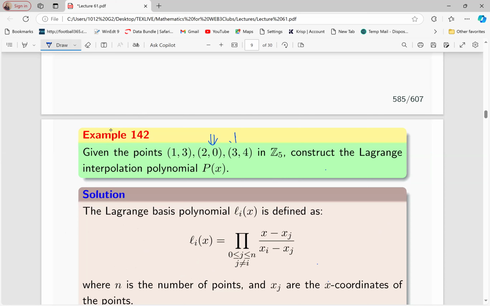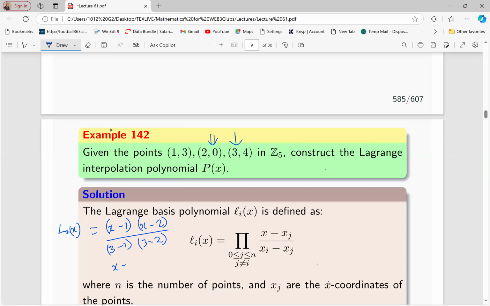We want to find L2 of x. The point under consideration is 3, 4. So we take x minus the other x values. Then we take the x coordinate of the point under consideration and subtract the other x values.